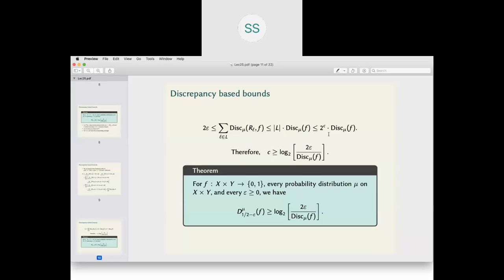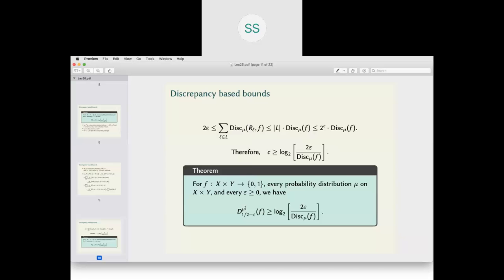The number of rectangles is at most 2 power c, and the discrepancy is this. So therefore, rearranging this, we get c is at least this, where c is the distributional complexity. So that's the bound. So now, if the discrepancy is small, we get a lower bound on the distributional complexity.